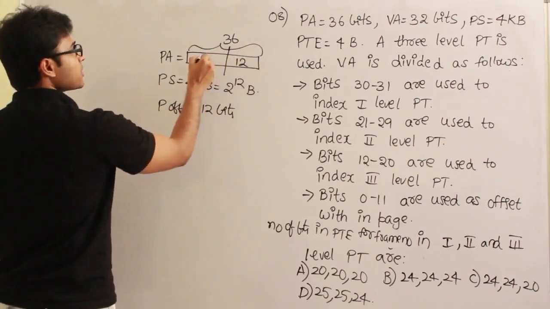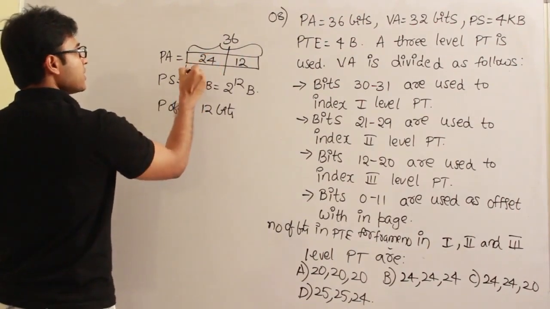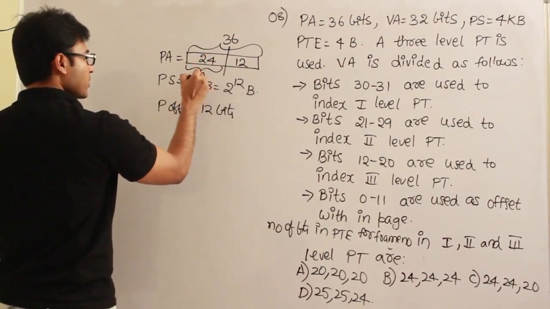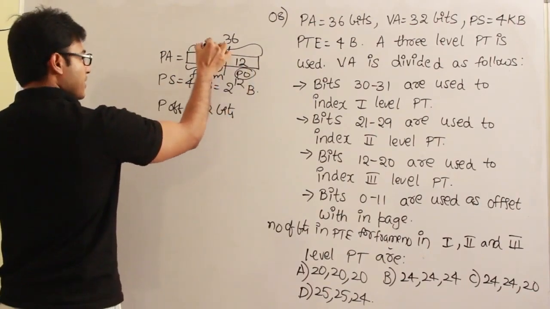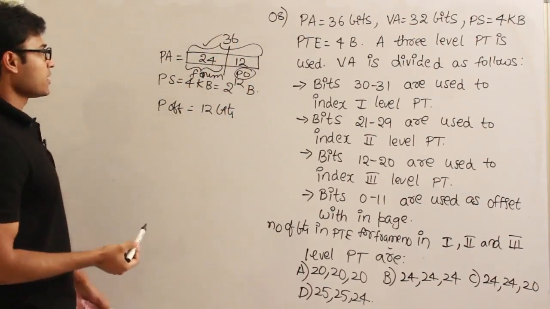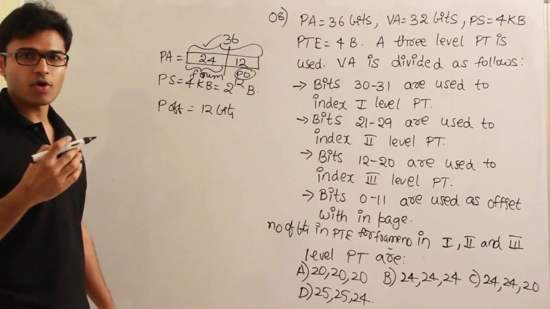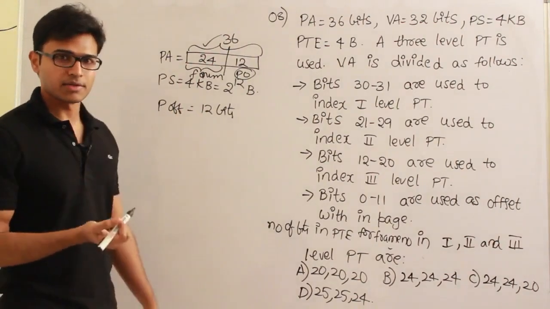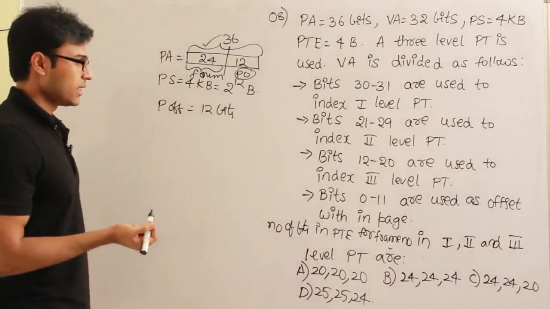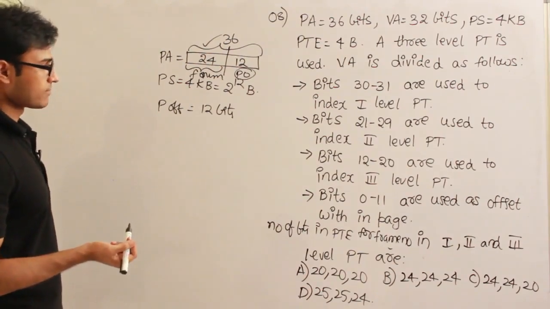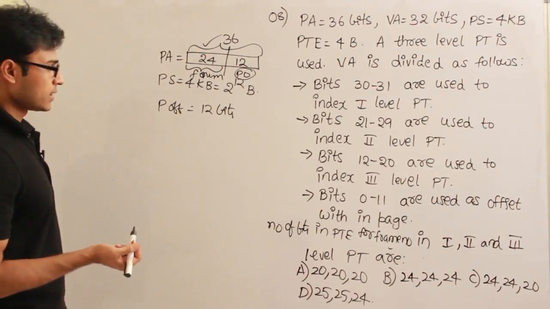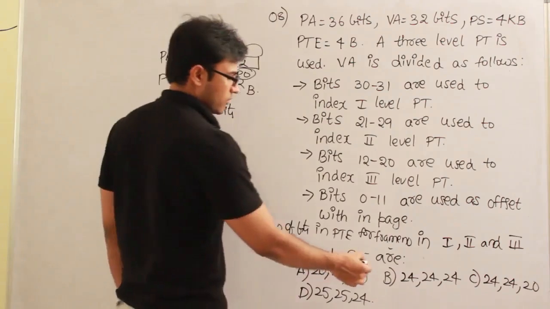Then how many bits are remaining here? 24 bits are remaining. This part is going to be the frame number, and this part is going to be page offset, right? And every page table is supposed to contain 24 bits as the pointer to the next page table. Are you getting this? Therefore what is the answer? So the answer is 24 24 24.